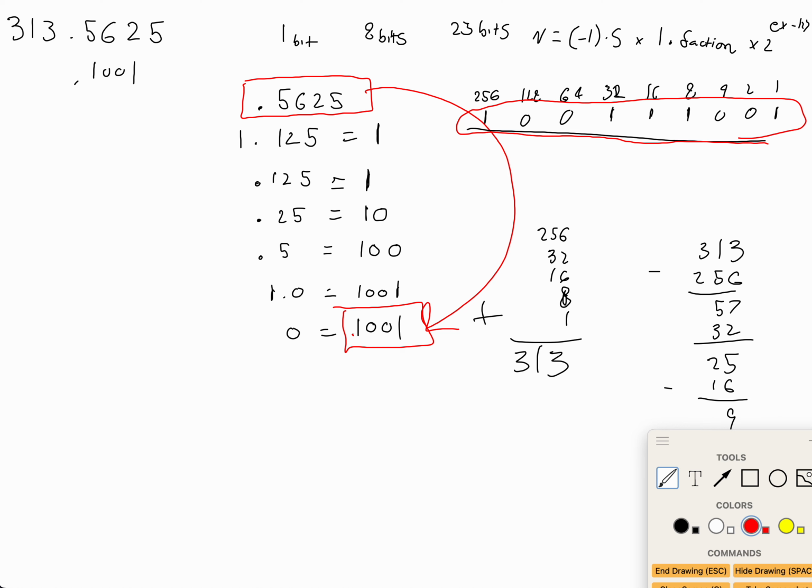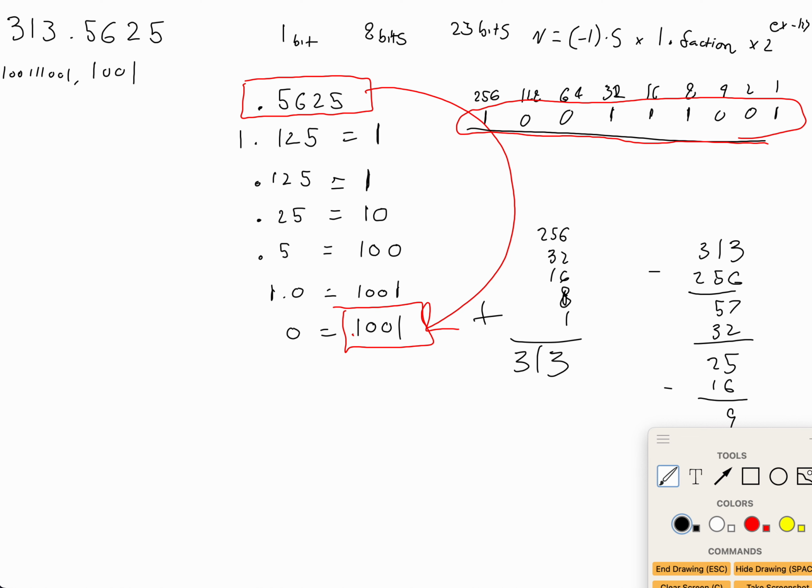This resulting binary string is going to be the left of the binary point. So that is 100111001. That is our converted number.